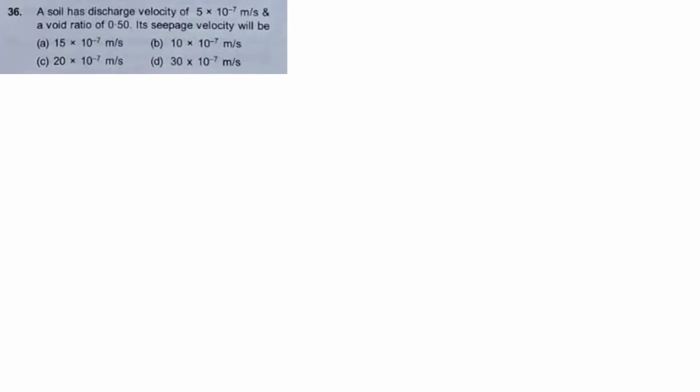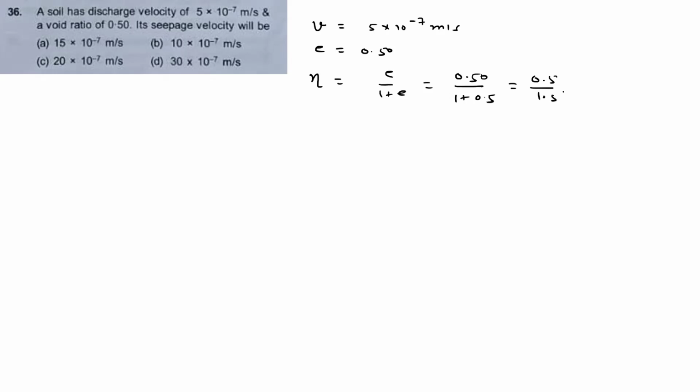Now question number 36. A soil has a discharge velocity of 5 into 10 to the power minus 7 meter per second and a void ratio of 0.5. Find the seepage velocity. So discharge or superficial velocity V is 5 into 10 to the power minus 7 meter per second, and void ratio e is 0.5. So porosity is e divided by 1 plus e, which is 0.5 divided by 1.5, is 1 by 3.